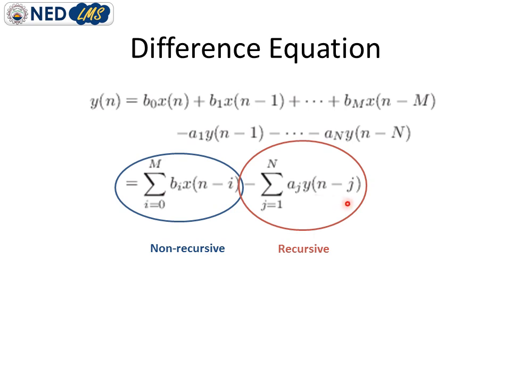Further, y of n minus j is the previous output and x of n minus i is the previous input, and this overall equation is the generic form of difference equation for any infinite impulse response filter or system.